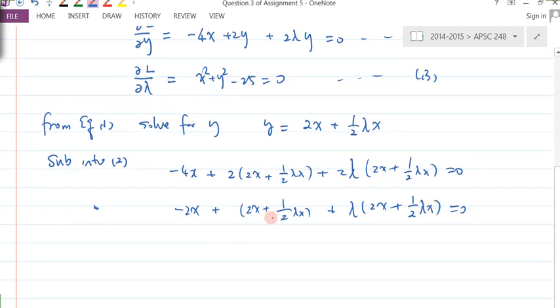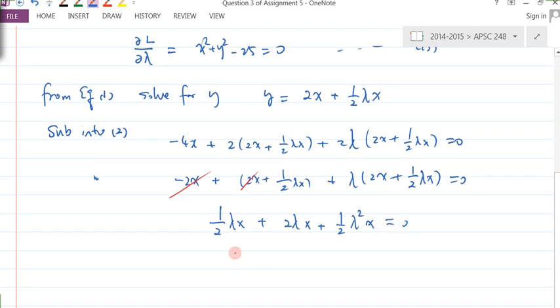Negative 4x plus 2x plus 2x plus 1/2 lambda x... the negative 4x cancels with the positive 4x. So that gives us lambda x, and over here 2 lambda x plus 1/2 lambda squared x.